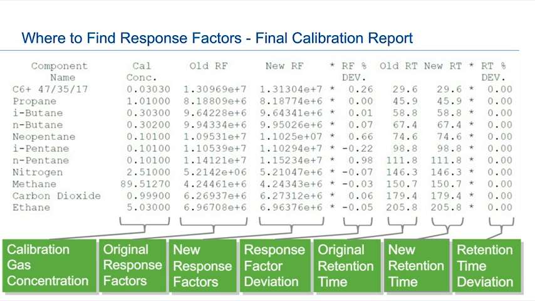I'm just going to quickly answer a few questions we have here. Somebody had a question on our C6 plus 47, 35, 17. That is the ratio breakout. What that means is you have 47% C6, 35% C7, and 17% C8.